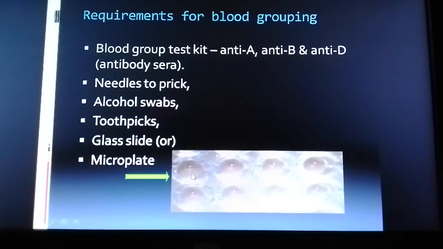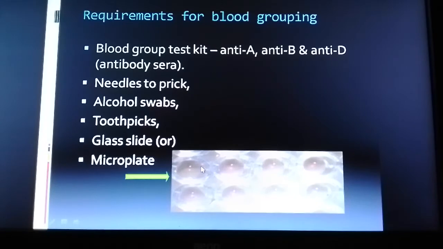Now in each cavity you can put the antiserum. Simply, in one cavity you put a drop of anti-A serum, in another cavity anti-B serum, and in another cavity anti-D serum.